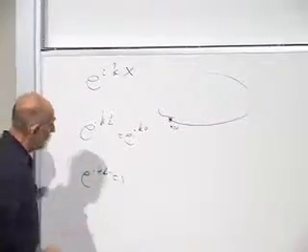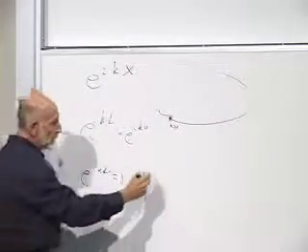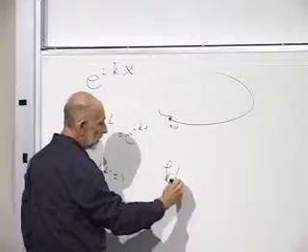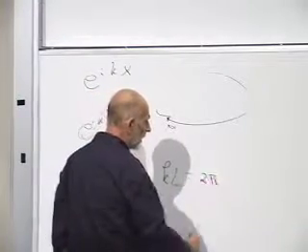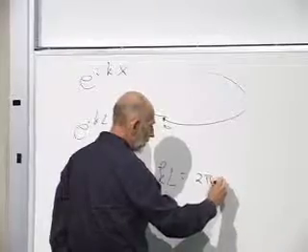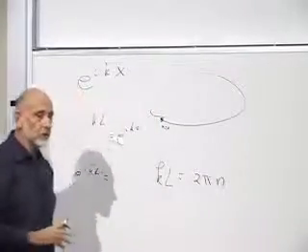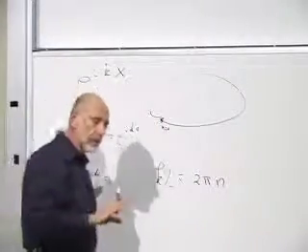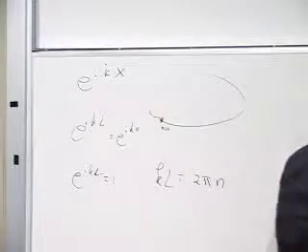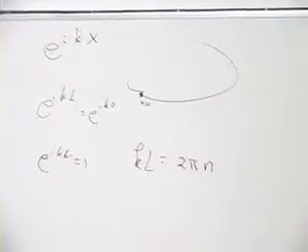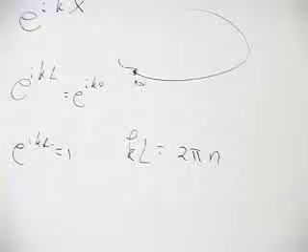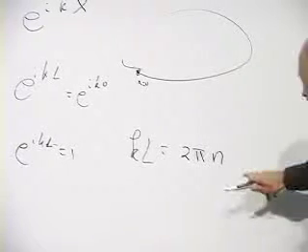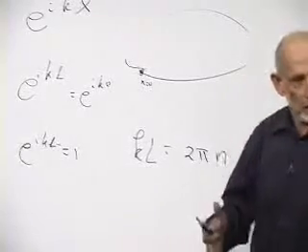e to the i k x is a periodic function. So k times L must be equal to 2 pi times an integer, and let's call that integer n. This integer should be distinguished from another n which will occur later. It's the n which counts the number of quanta of each type. This is not counting the number of quanta of particles.